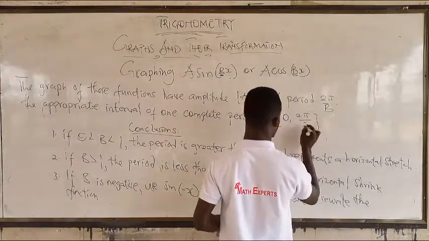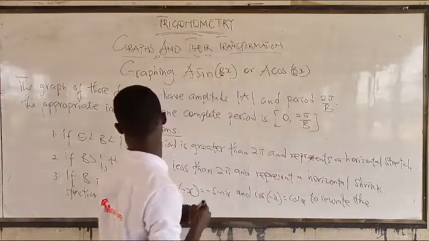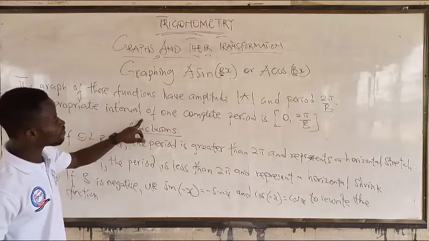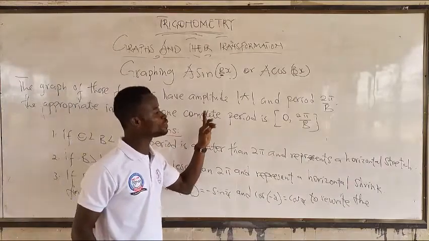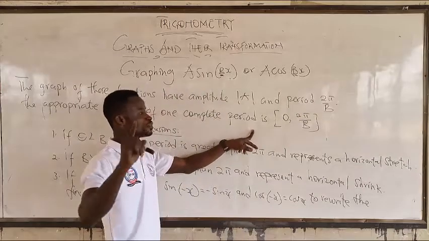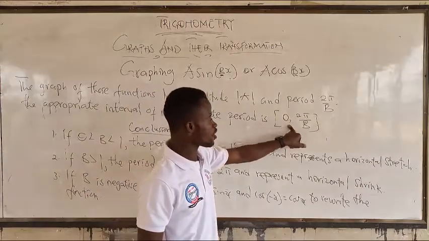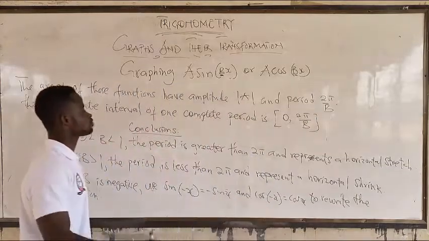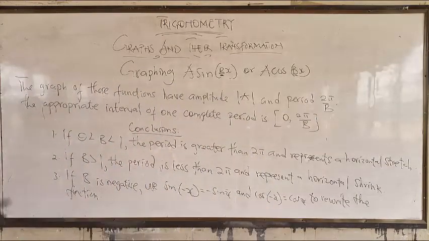The appropriate interval for one complete period is 0 to 2 pi over b. That is for one complete period.